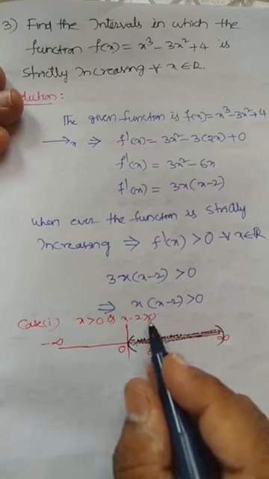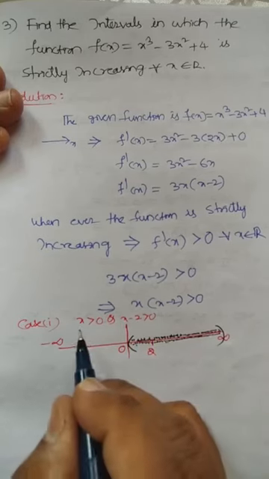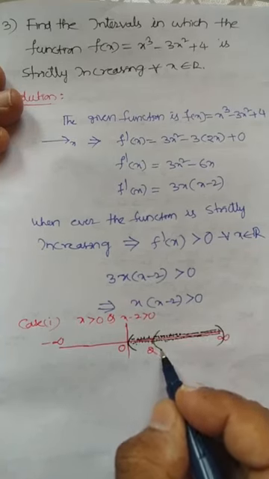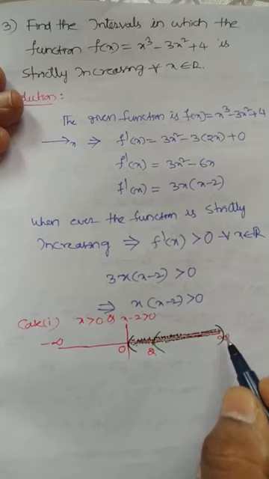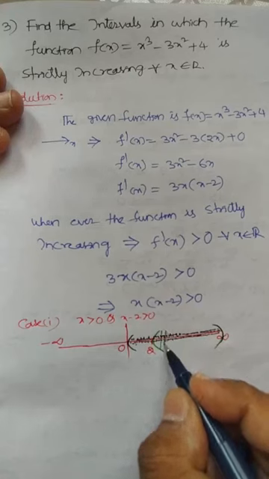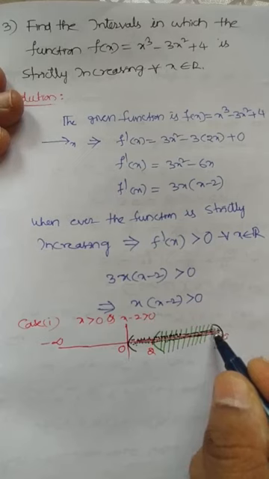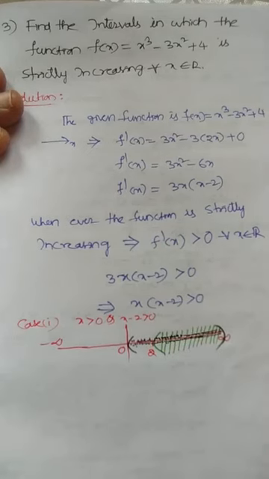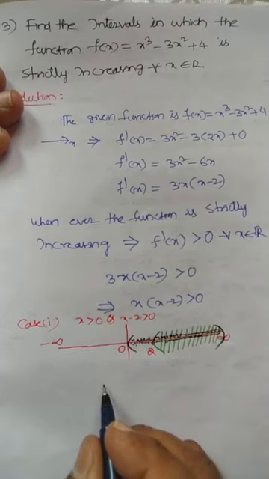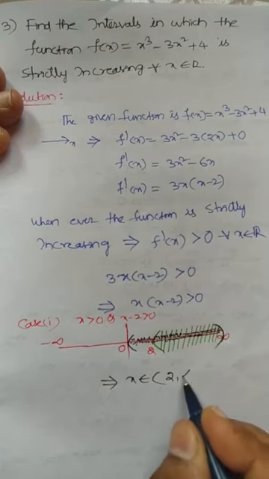So to satisfy this relation, the black dotted line shows the first relation, and x minus 2 greater than 0 shows this second relation, the green line up to here. So what is our intersection in this case? That implies in case 1, x belongs to 2 to infinity.